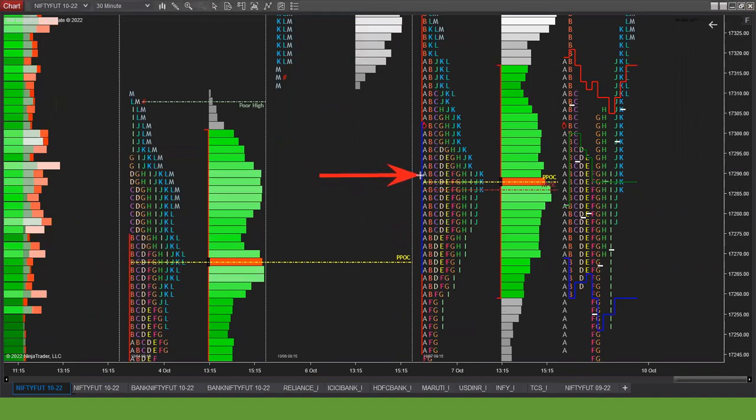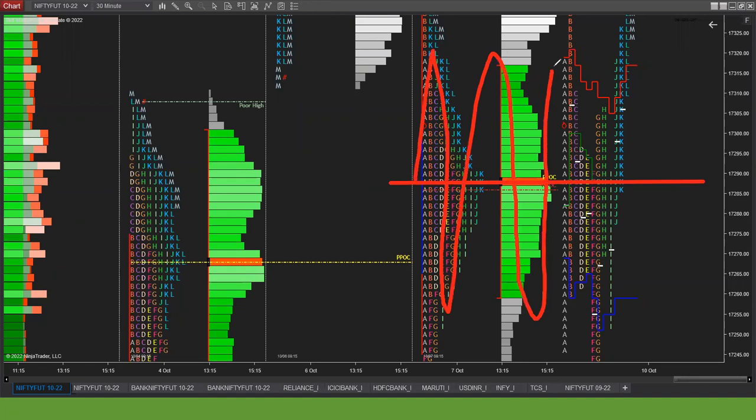So letter A is 1, 2, 3, 4, 5, 6, 7, 8, 9, 10, 11. 11 times a particular price is repeatedly touched. Let's say I'm drawing a line here on this day. Every half an hour, 11 times the particular price is touched. Price went up, again started coming down, maybe again came back up, again coming down, again back up, again coming down.